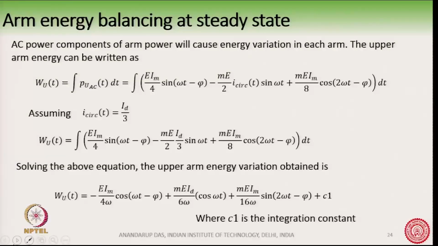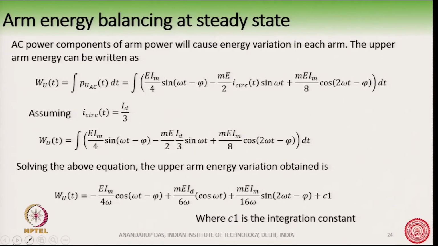So, let us take this AC component of the upper arm power. It will cause the energy variation in each arm.